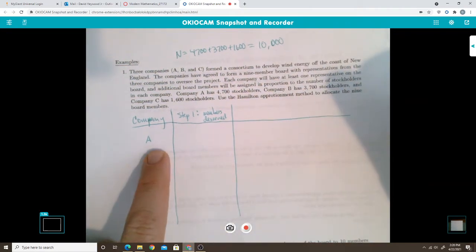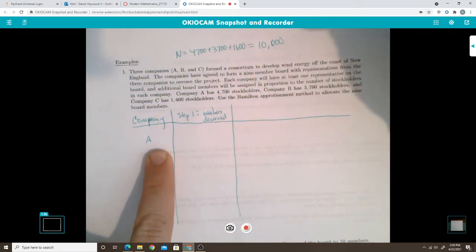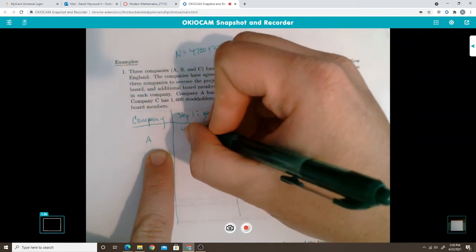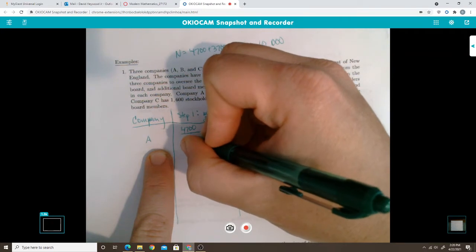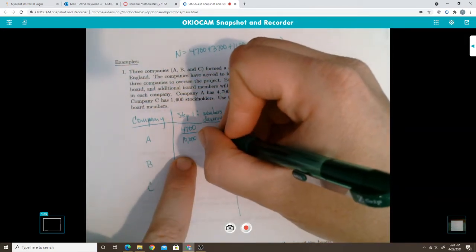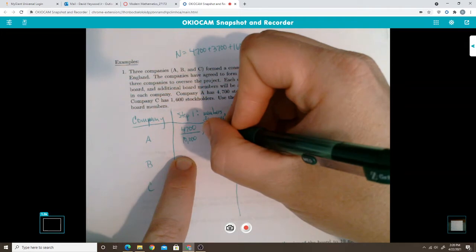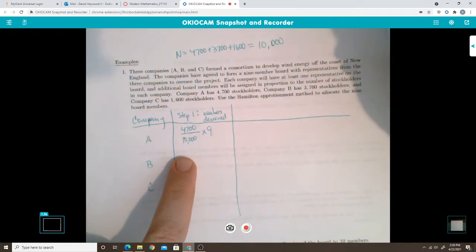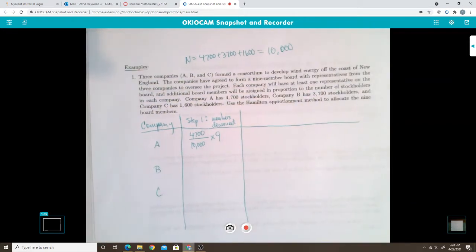Okay, so for company A, we're going to have 4,700 out of 10,000. That's the percentage of representatives that company A should have, and then we're going to multiply that by the number of representatives possible. All right, so that's 9. What do we get?